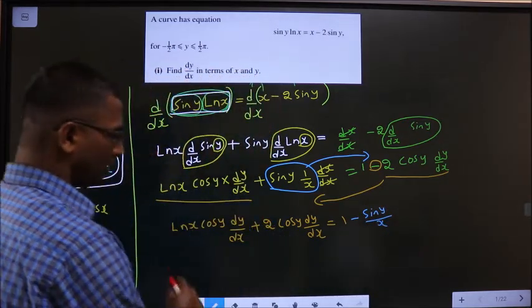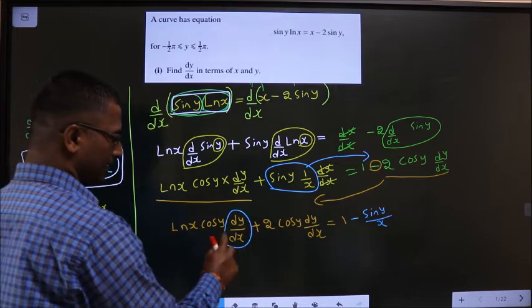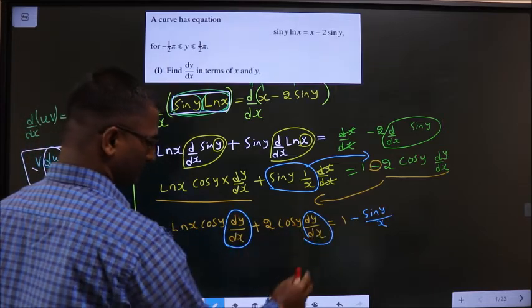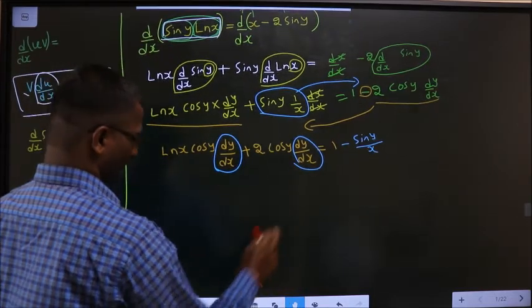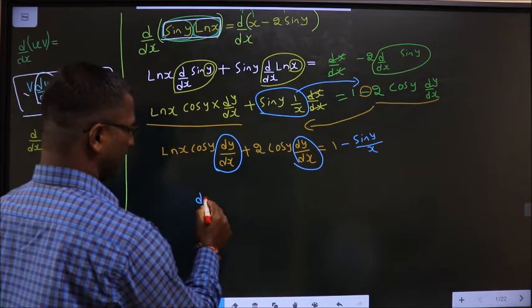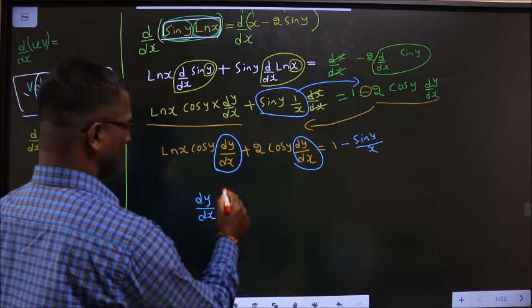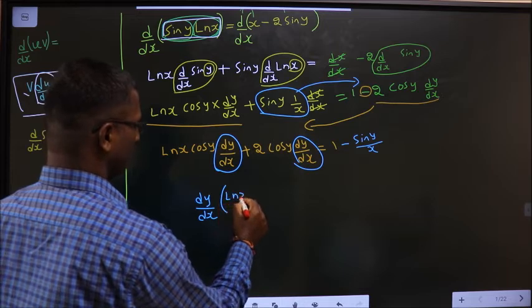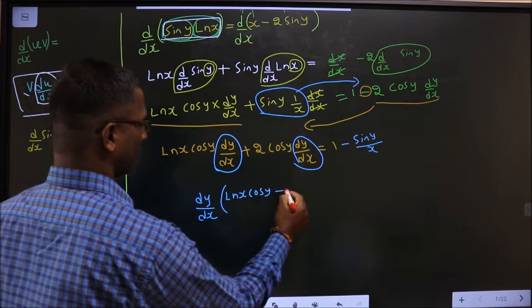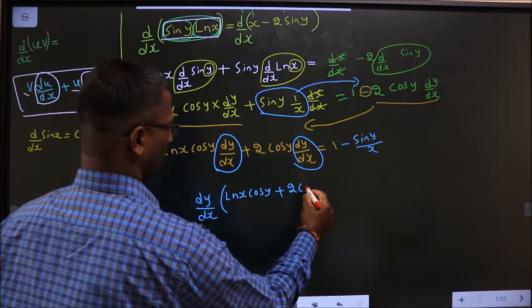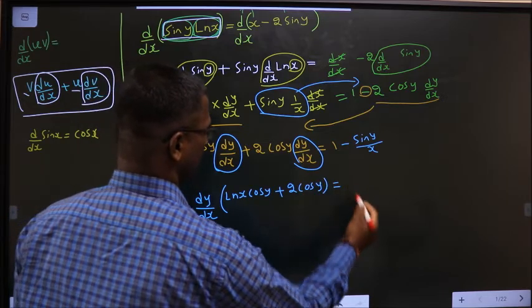Clear? Now from these two, take dy by dx common. So what do I get if I take dy by dx common? I get here ln x cos y plus 2 cos y is equal to.